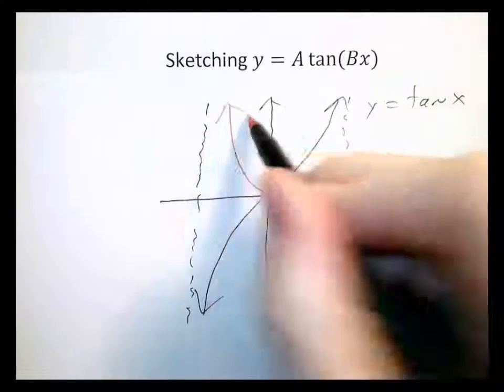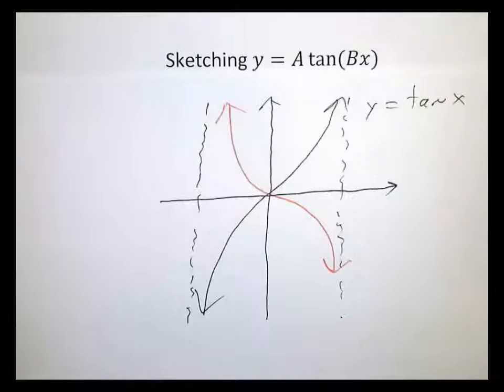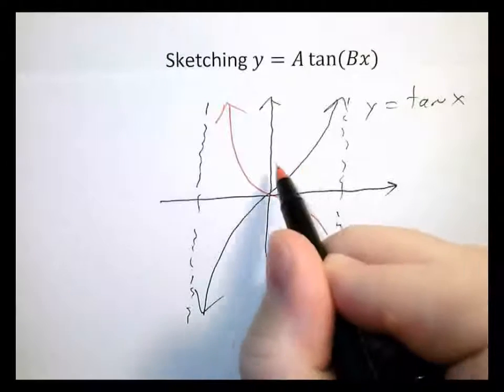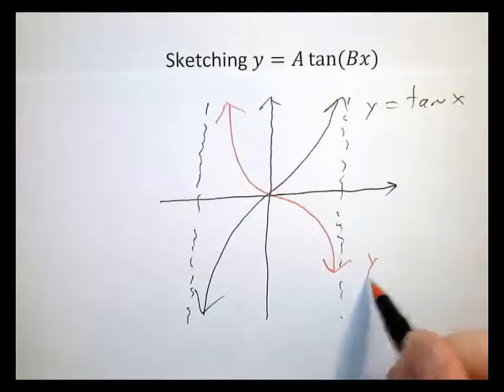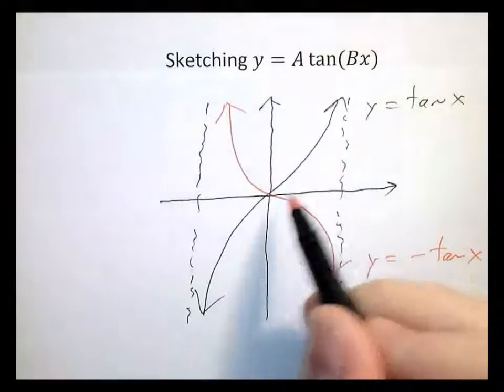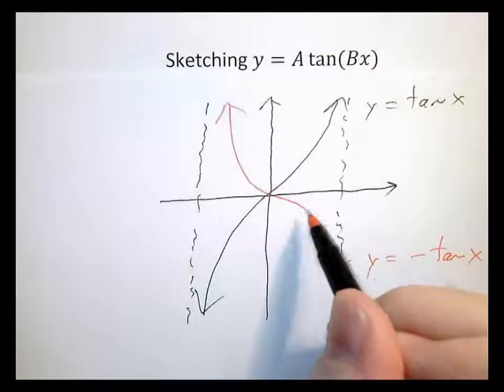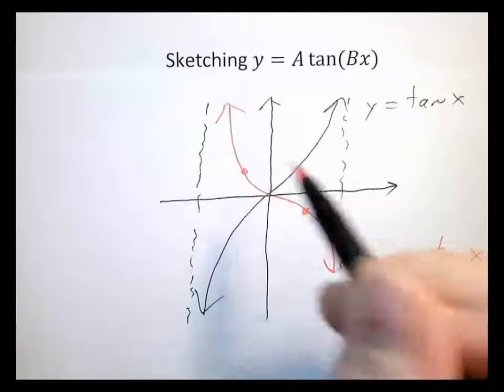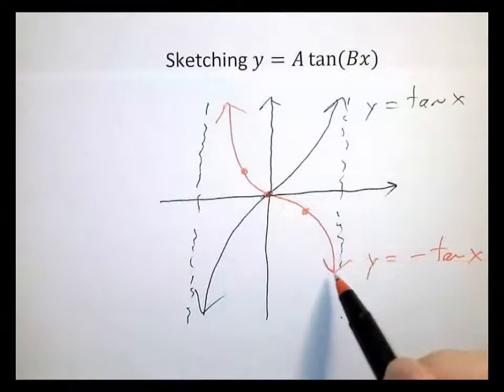So you have to use your imagination a little bit. But you see how these points work, because here at pi over 4 I'd have 1. This is y equals negative tangent of x. Instead of 1, I'd have negative 1. So I would have a point here. And instead of negative 1 here, I'd have a point 1 here. So I'm still going through the origin.